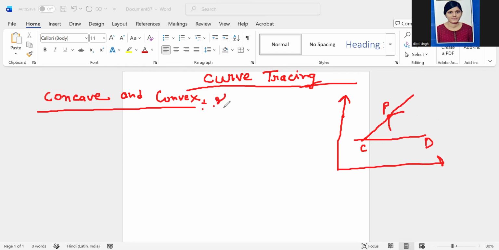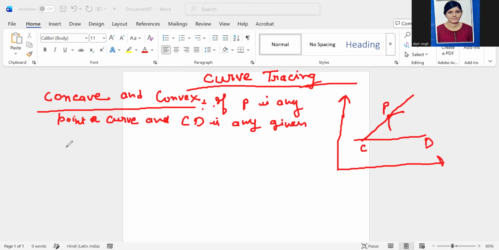It shows if P is any point on a curve and CD is any given line which does not pass through this point P.